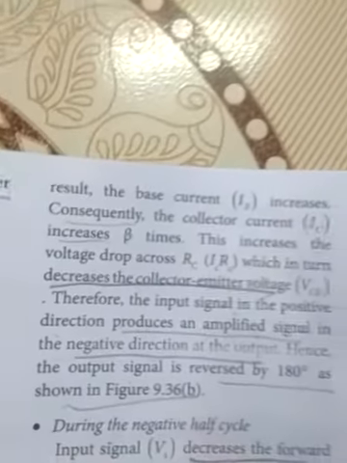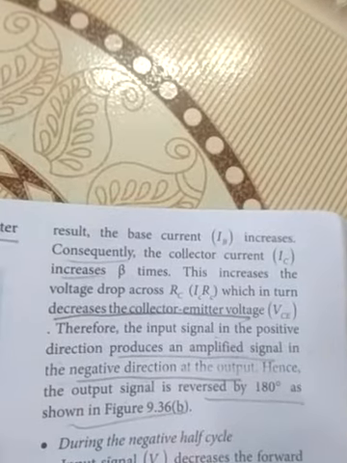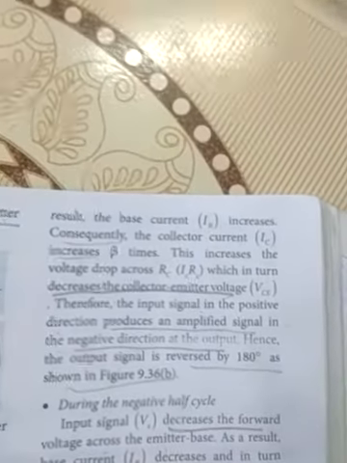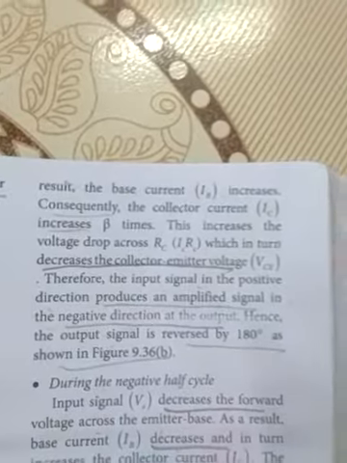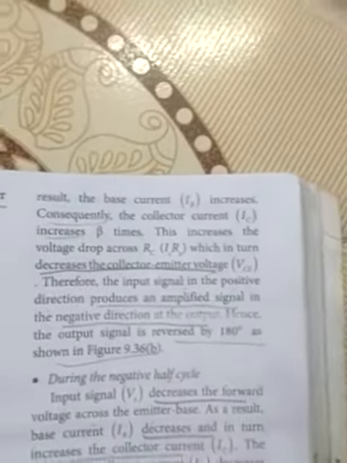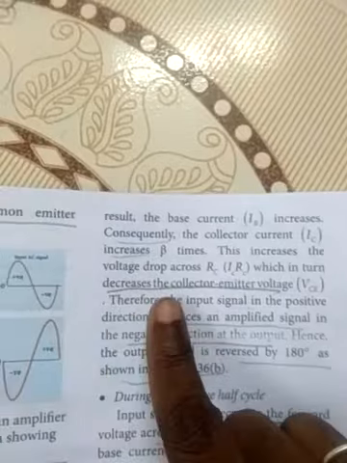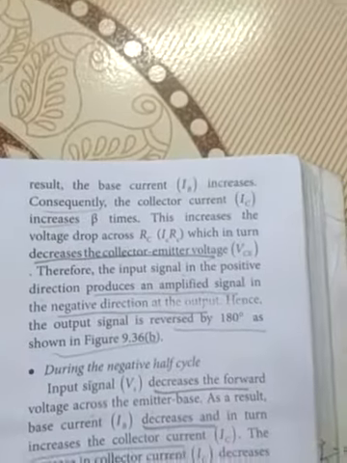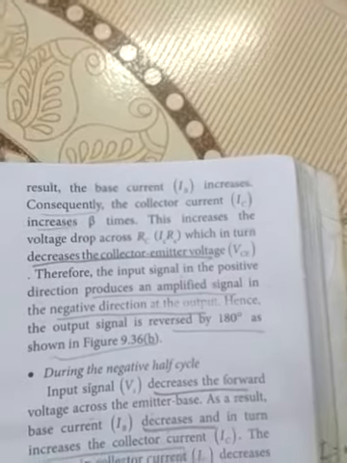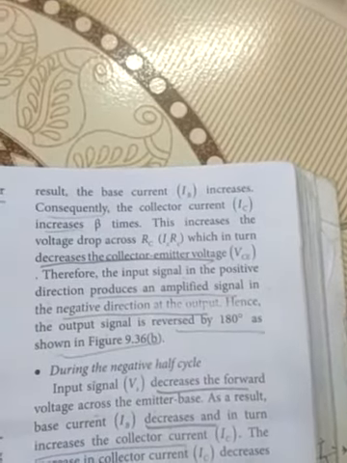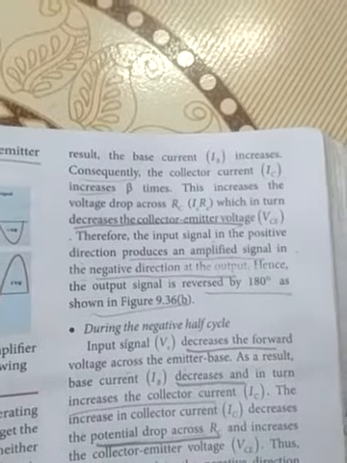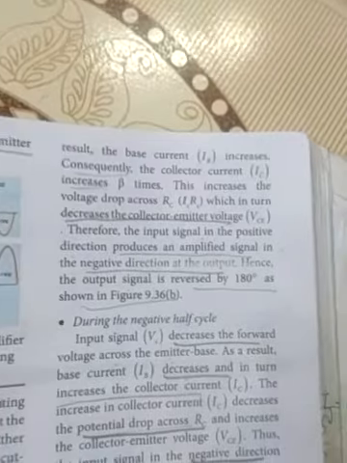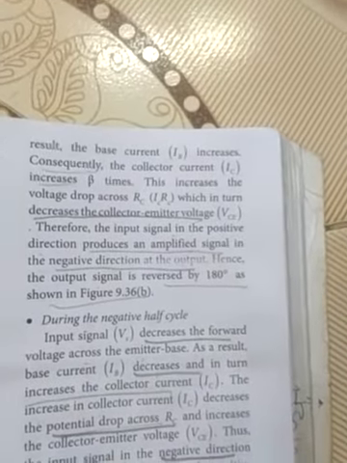This increases the voltage drop across RC, which in turn decreases the collector emitter voltage. So at the output we get decreased values. Therefore, the input signal is in the positive direction.